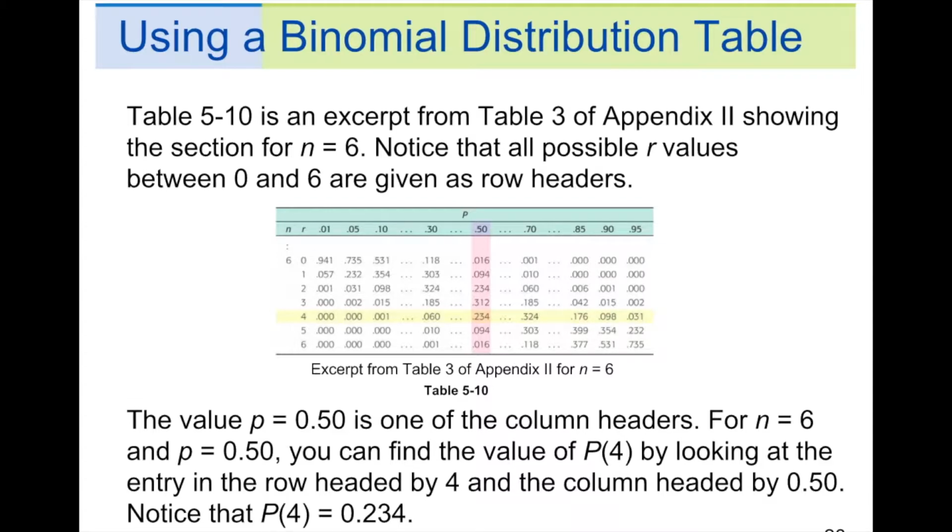For n equals 6 and p equals 0.5, you can find the value of p of 4 by looking at the entry in the row headed by 4, which is labeled in yellow, and the column headed by 0.5, again in pink. Notice that p of 4 is 0.234. So if you're looking for an r of 4 and a p of 0.5, you just find the intersection of the two, which in this case is 0.234.